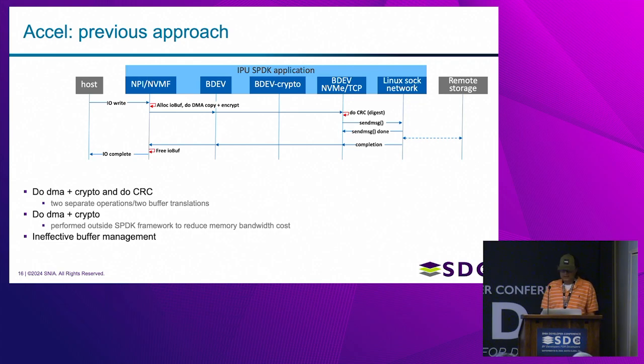Again, showing pictorially, in the previous approach you were doing DMA plus crypto and doing CRC as two separate operations with two buffer translations. This particular DMA plus crypto is often performed outside of the SPDK framework to reduce memory bandwidth cost. But overall, it results in ineffective buffer management.